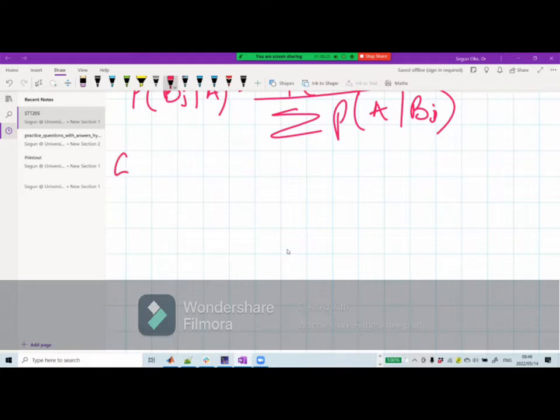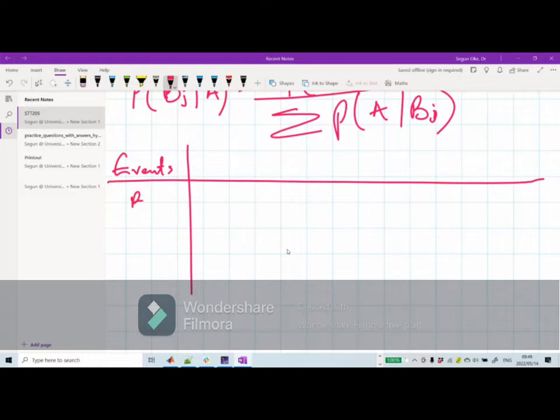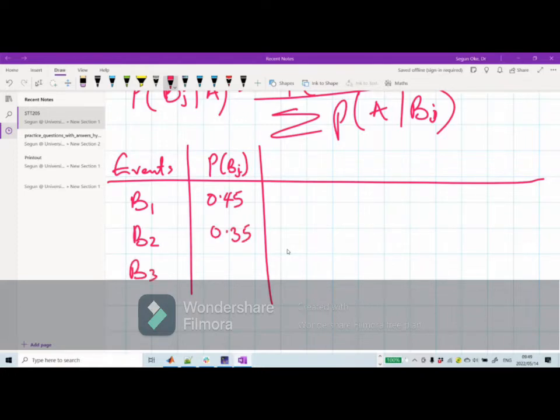Now, we have events B1, which is tutor 1. What is the probability of B1? 0.45, the number in marks. Then the probability of B2, 0.35, then B3, 0.20.